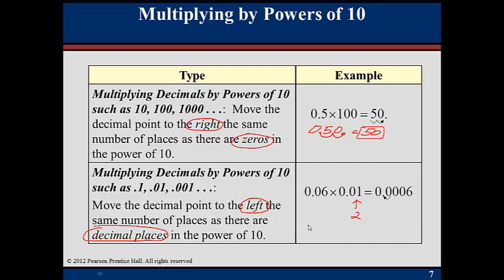So you're going to take the 0.06 and you're going to move it 2 decimal places to the left. So we have 1, 2. There's your new decimal. And put a 0 there. So now this has become 0.0006.